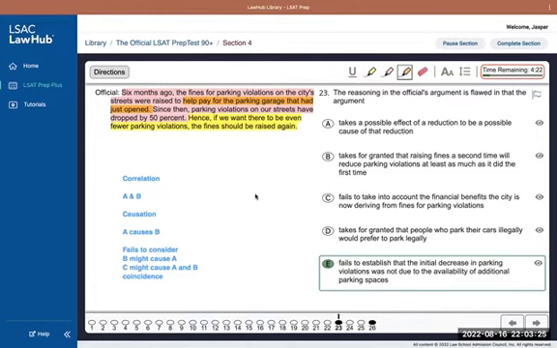D, takes for granted that people who park their cars illegally would prefer to park legally. So they're actually not assuming that. They're not assuming that people would rather park legally. They're kind of assuming that the reason that people don't park illegally anymore is simply because they're being punished for it, rather than because they have a preference for parking legally.